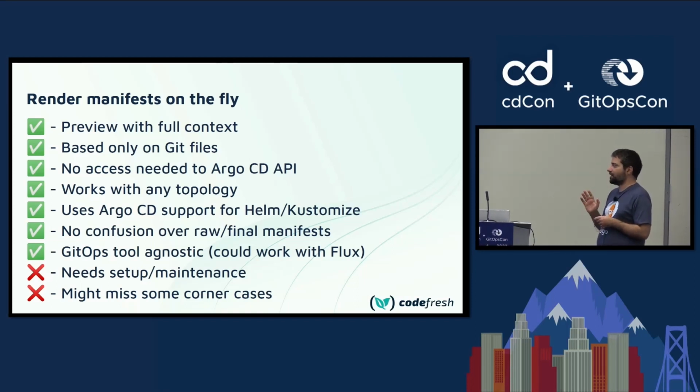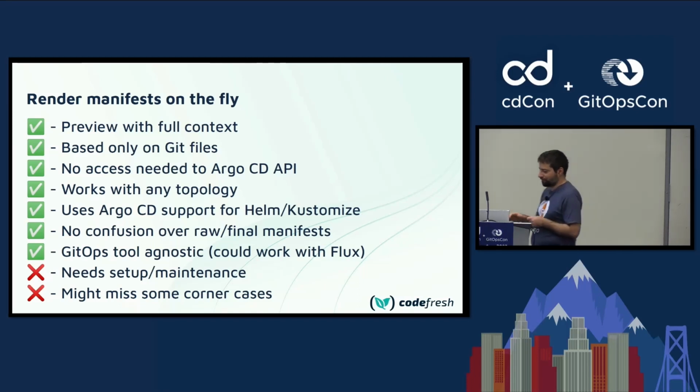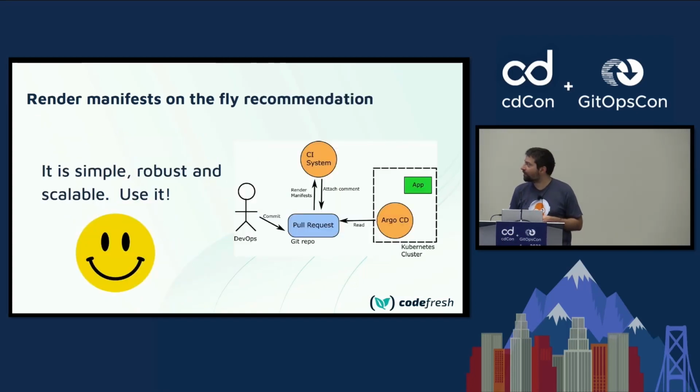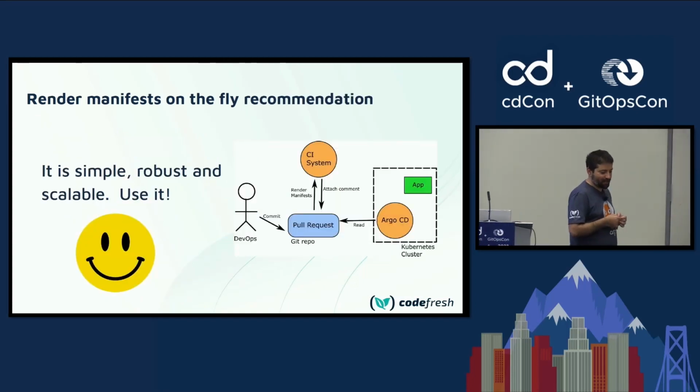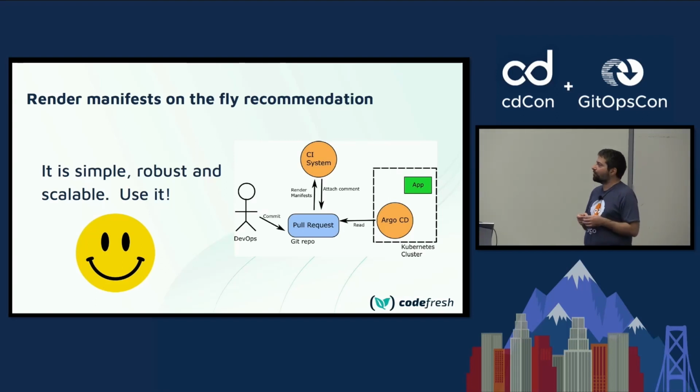So maybe in some cases, it's misleading, but I think the advantages outperform the disadvantages. So my recommendation is that this is a very simple process. You should use it. It's scalable. And it can be used for both production and testing environments.